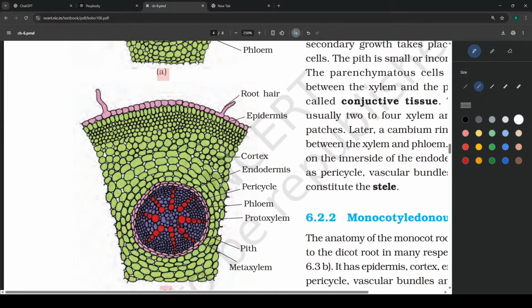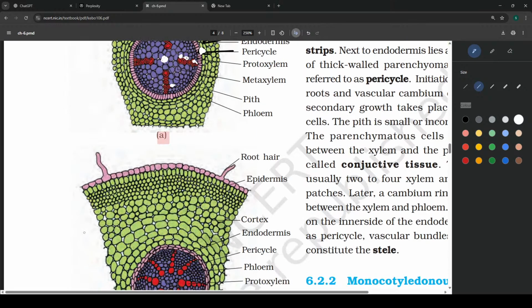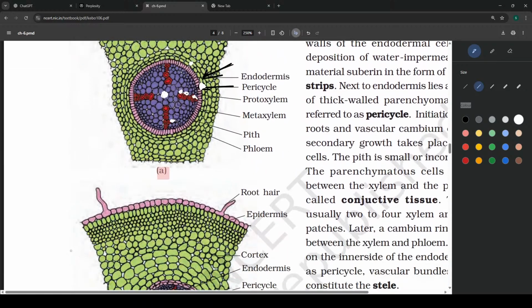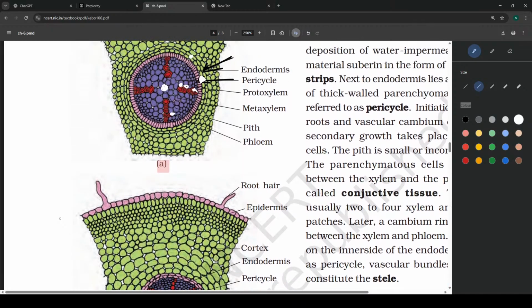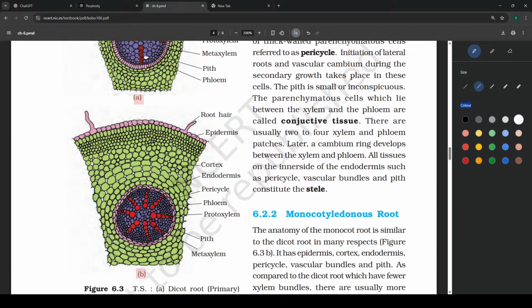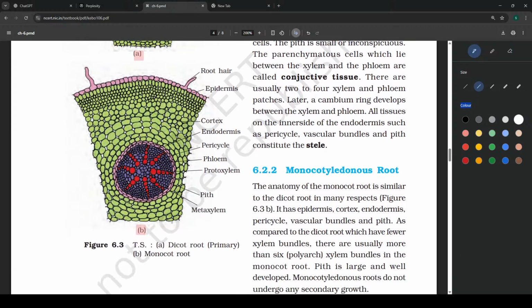Let's see the monocot root as well. Nothing much different. Roots are there. Epidermis is there, cortex, endodermis, pericycle, phloem, protoxylem, pith, and metaxylem.